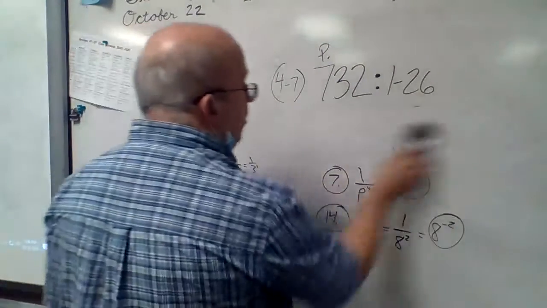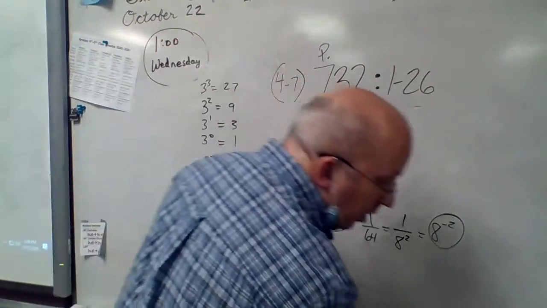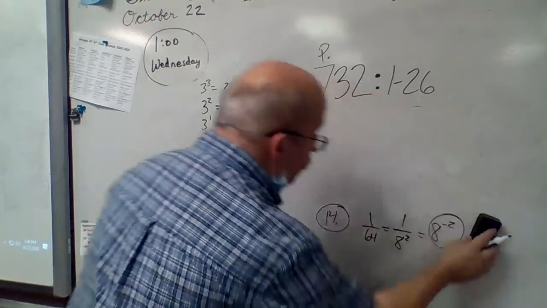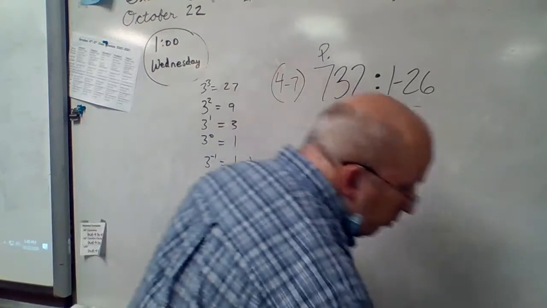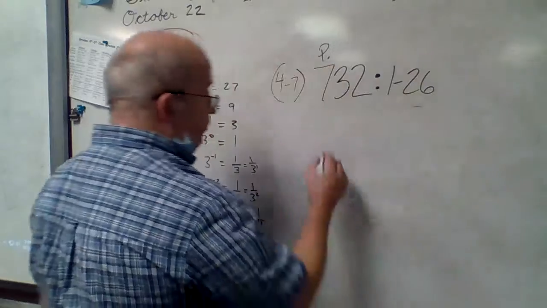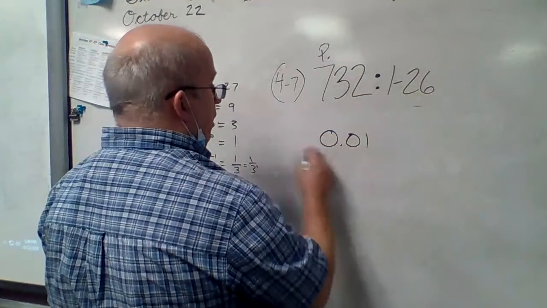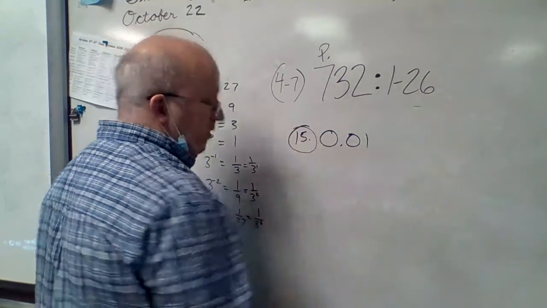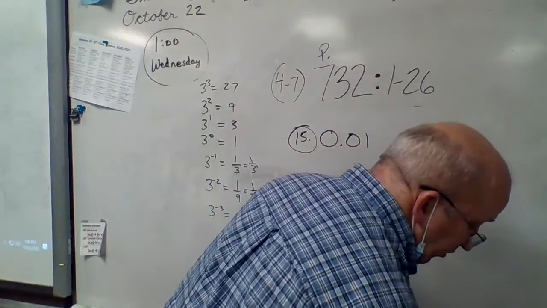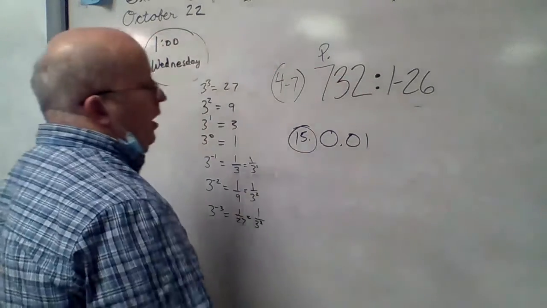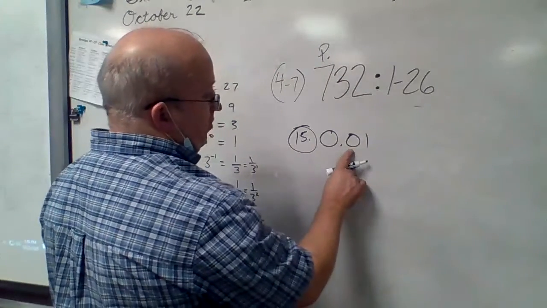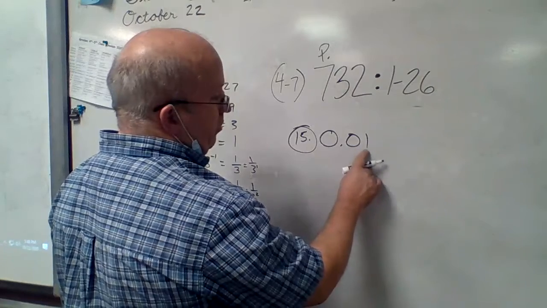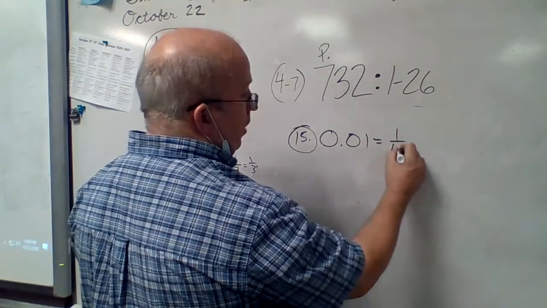Okay, how about something in the area of 15 through 20? I'm going to do 15. And they want us to take this value and change it into a negative exponent somehow. Well, isn't that tenths, hundredths place value? Isn't this 1/100th?